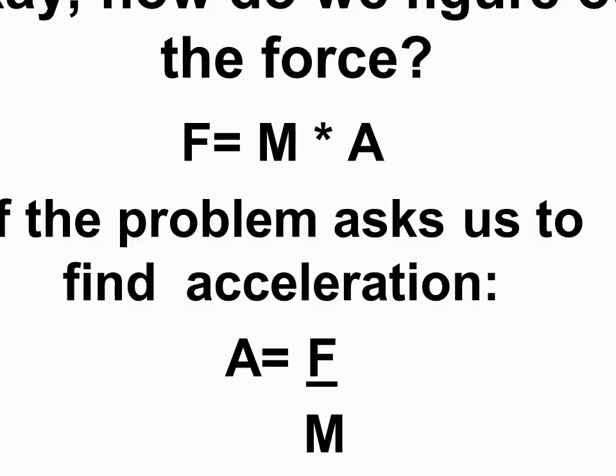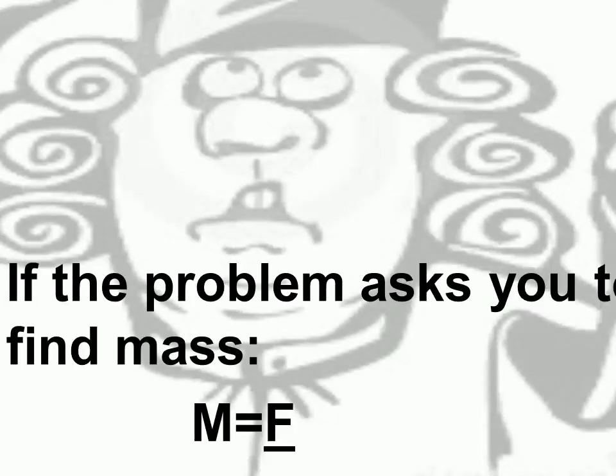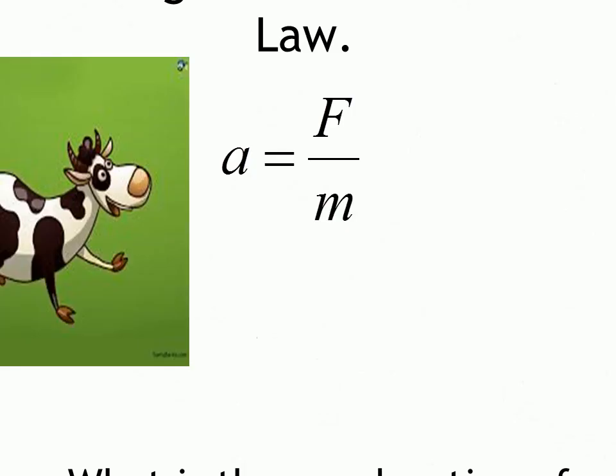So how do we figure out the force? Using this equation, force equals m times a. If a problem asks you to find the acceleration, all you have to do is some simple math, and now you have acceleration equals force over mass. If the problem asks you to find a mass, all you have to do is do simple calculations, and you will come up with the equation mass equals force over acceleration.